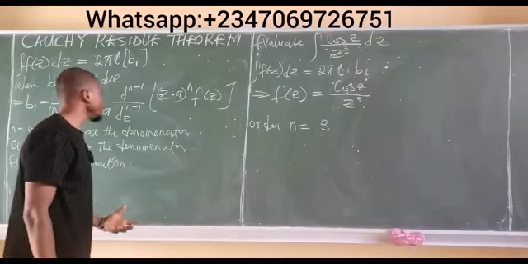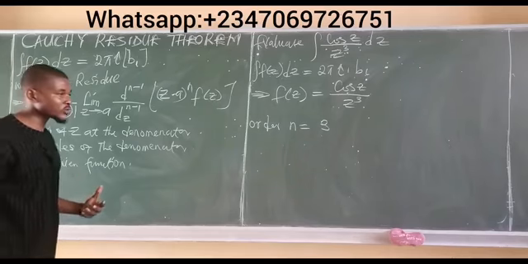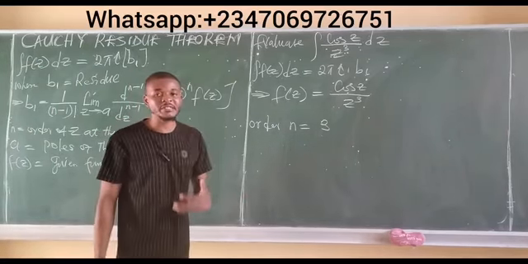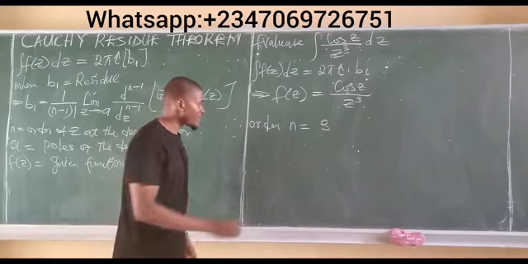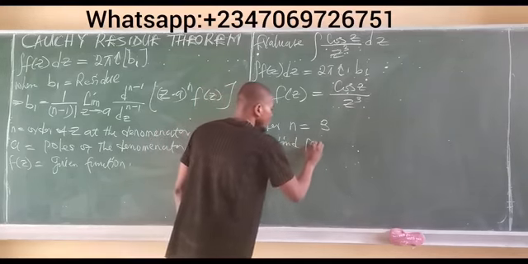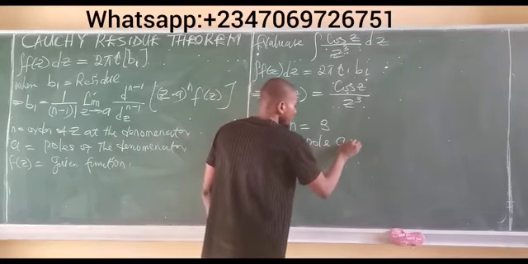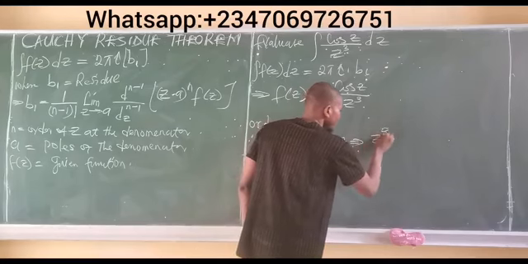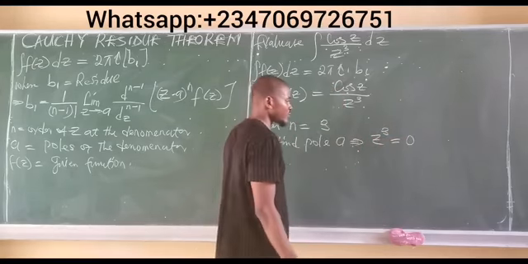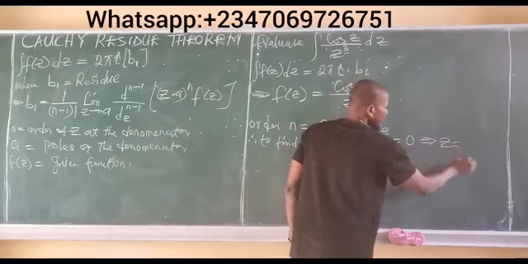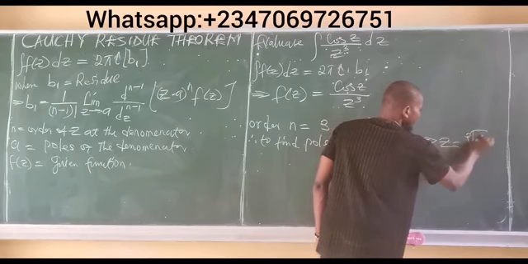The next thing to do is simply obtain the poles. To find the pole of a given function, all you need to do is equate the denominator to 0. Therefore, to find the pole, which is a, we equate the denominator, z to the power of 3, to 0. This implies that z is the cube root of 0.